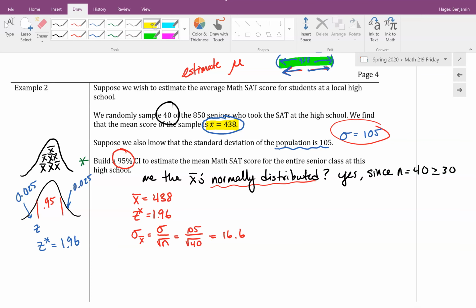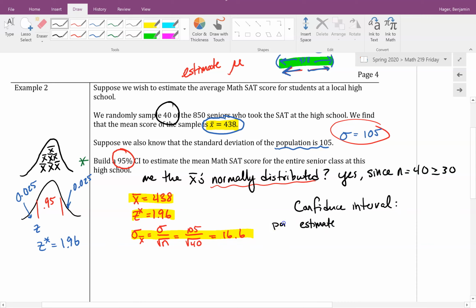So here's why I'm writing all this stuff down. If you remember the general form of your confidence interval, I'm going to take my point estimate, which in this case is the sample mean, and then add and subtract your margin of error, which is the number of standard deviations you want to move left or right of your mean.